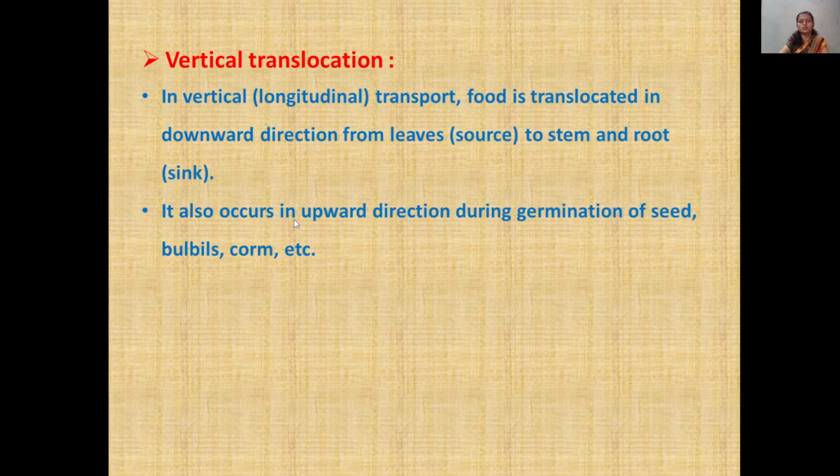Second, it also occurs in the upward direction during germination of seeds, bulbils, corms, etc. In vertical translocation, food is translocated downward from leaves to the stem and root, and also upward during germination of seeds.